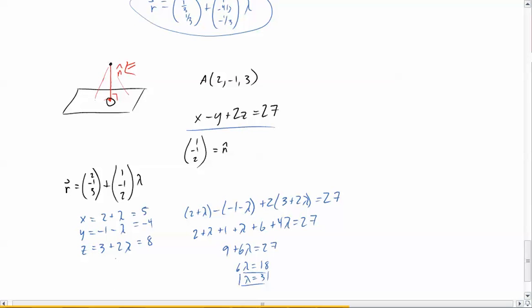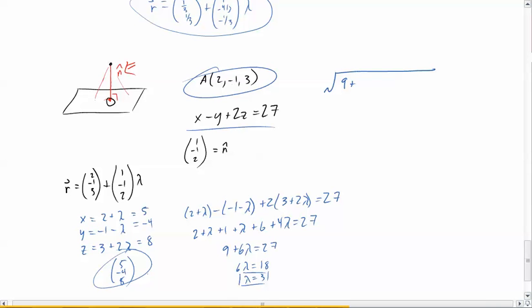And so now that I know the point where it crosses, (5, -4, 8), we can find the distance to the plane because we know where A is, we know where it intersects, and therefore we can find the distance. So we'll go square root of x minus x squared. So 2 minus 5 is negative 3. Squared is 9.